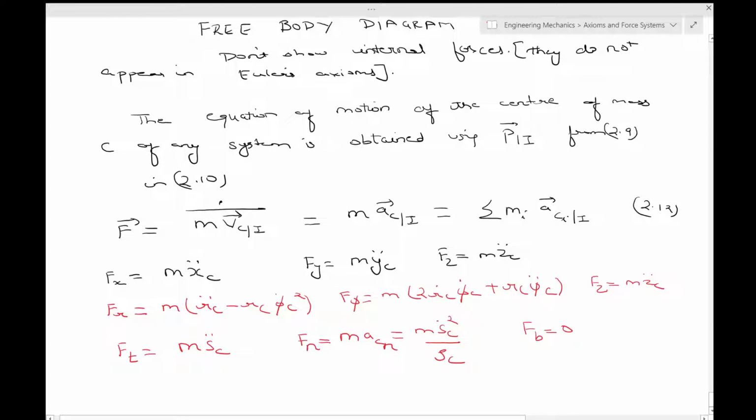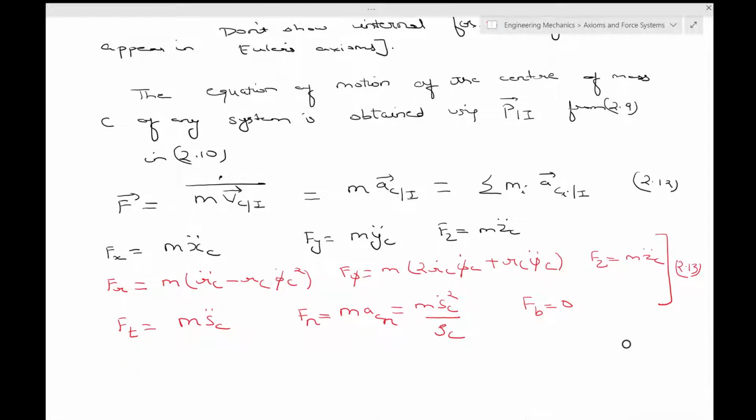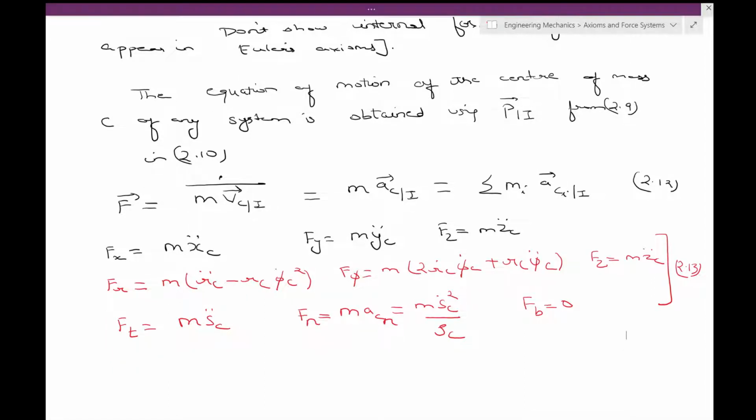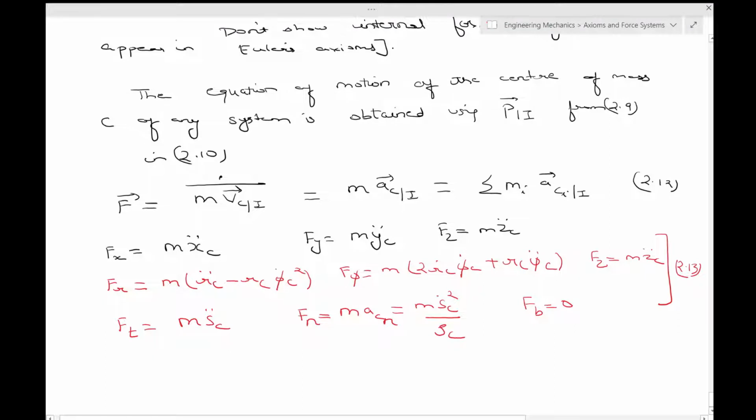The simple reason is that the acceleration in the binormal direction is 0. So this is equation 2.13 actually, the whole of it. So rho_C is, as you know, the curvature of its path.